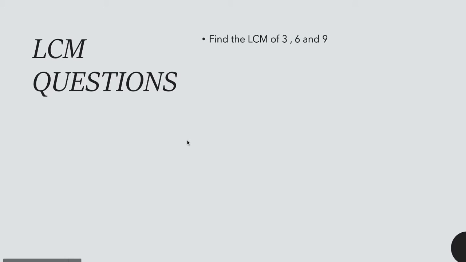Find the LCM of 3, 6 and 9. So again you draw that bar and then you write 3, 6 and 9 inside here. So what goes commonly into 3, 6 and 9? It's obvious, it's 3.